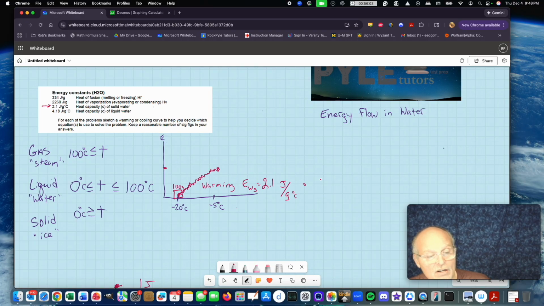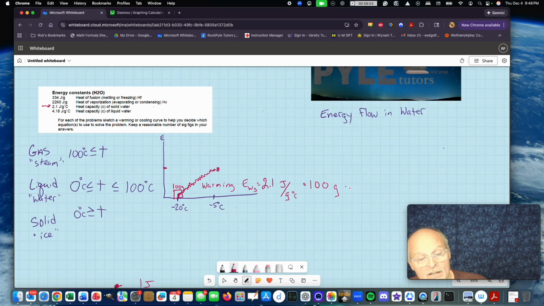But we have 100 grams. So the first thing I'm going to do is I will cancel out the grams by putting in 100, which is the weight of my sample, or the mass of my sample. And then the degrees C, how many degrees C am I moving in the same state?